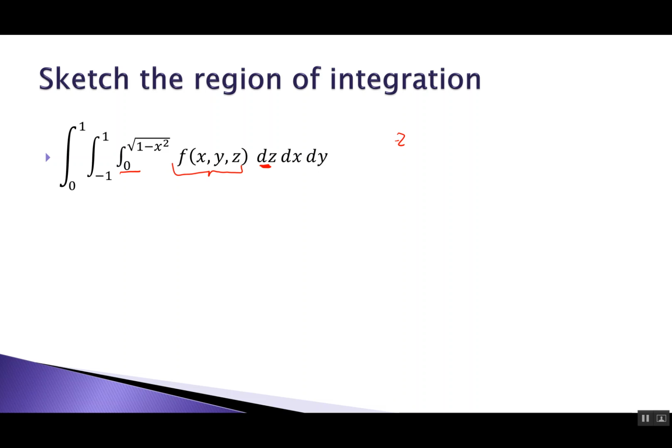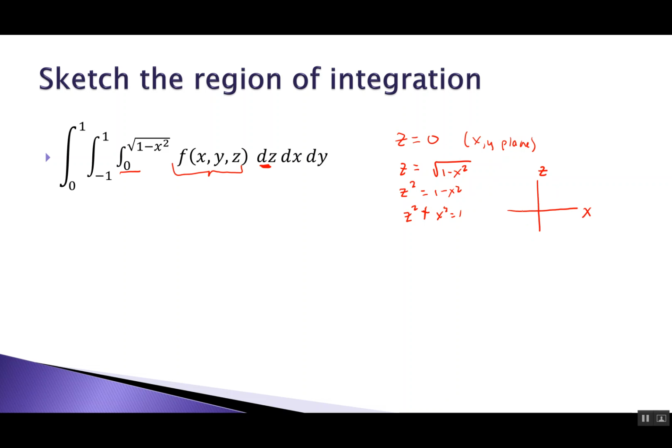So I'm thinking about z equals 0, which is the xy plane, and z equals the square root of 1 minus x squared. And if I square both sides here, I get z squared equals 1 minus x squared, and that gives me z squared plus x squared equals 1. So I'm just going to look at the xz plane right now.